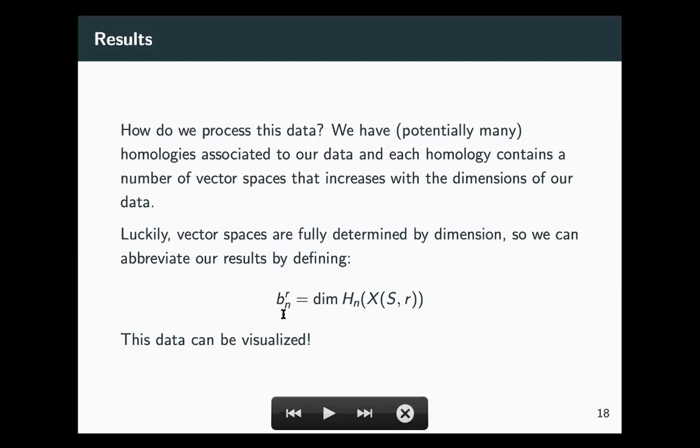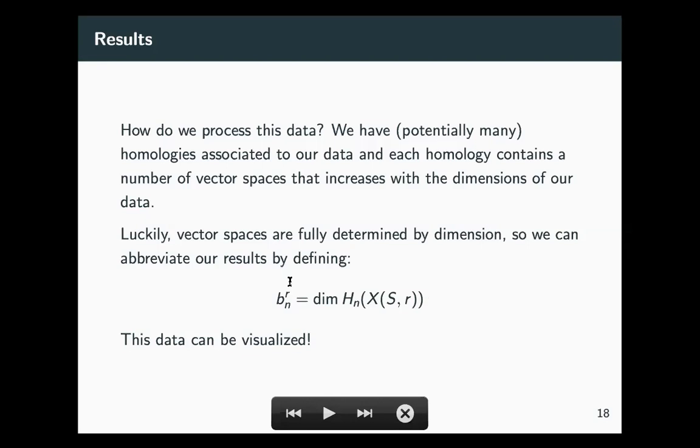This is called a Betti number, hence the B. For each time resolution, and for each dimension n of the data, we're going to just set B to be the dimension of the vector space we got by taking homology.